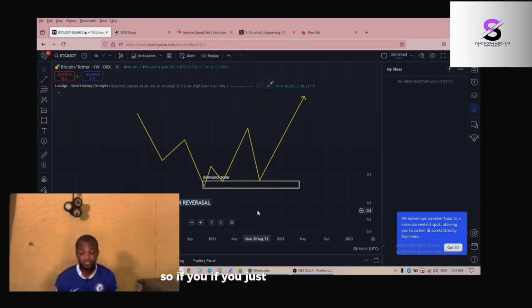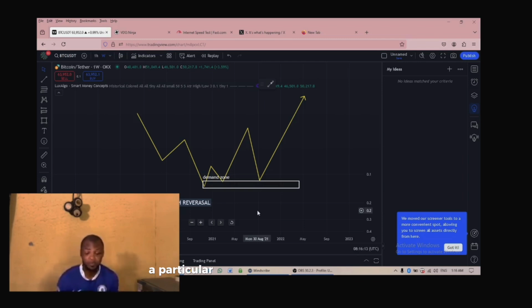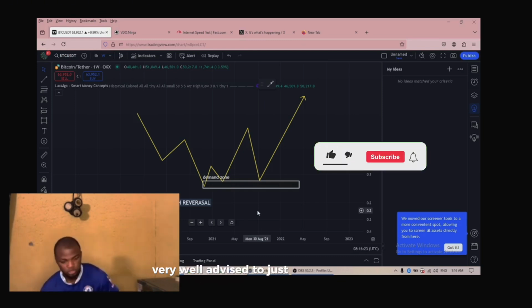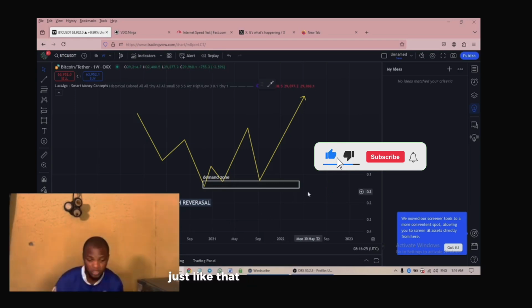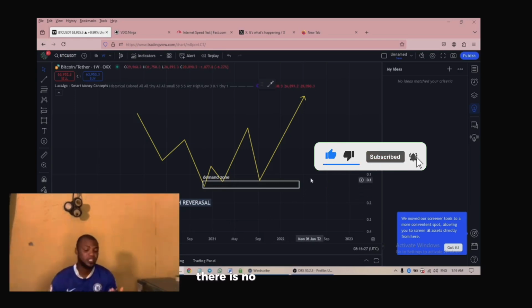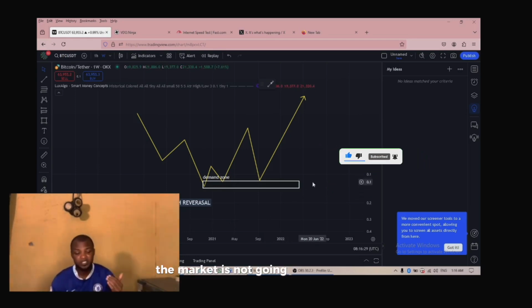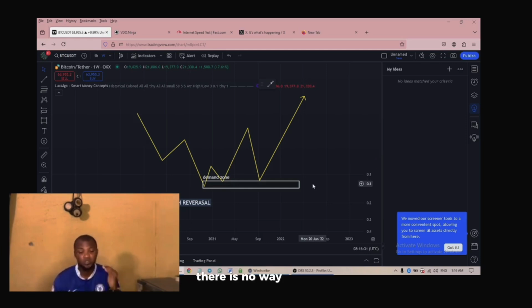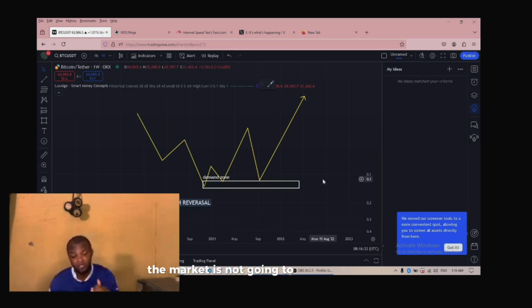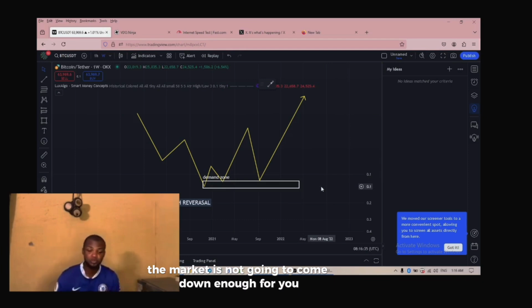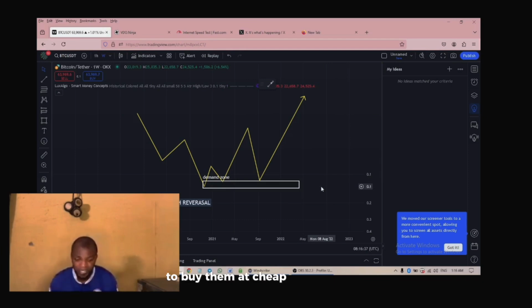So let's say you have some USDT and you feel like you want to enter the market, you are not well advised to just dive into the market like that. Just hold on. There is no way the market is not going to be corrected. There is no way the market is not going to come down enough for you to buy at cheaper rates.